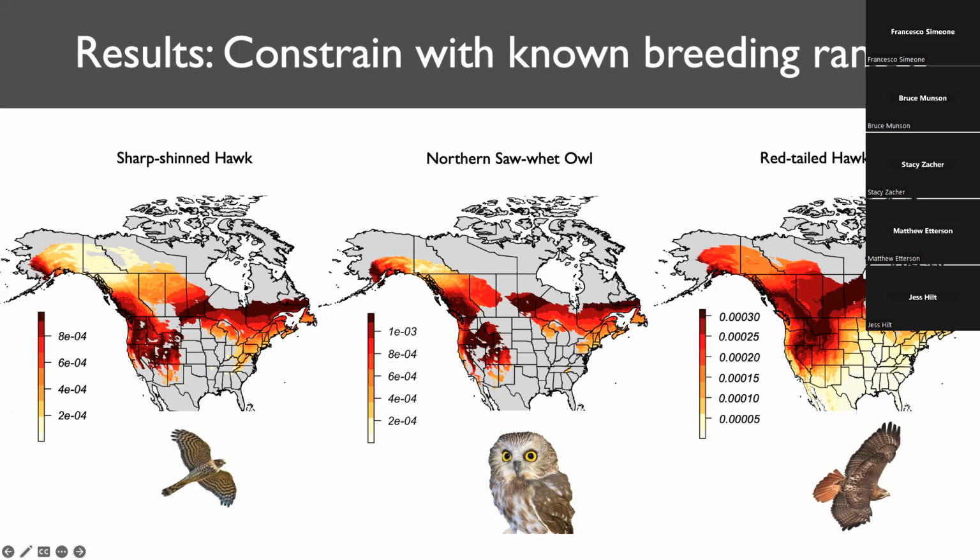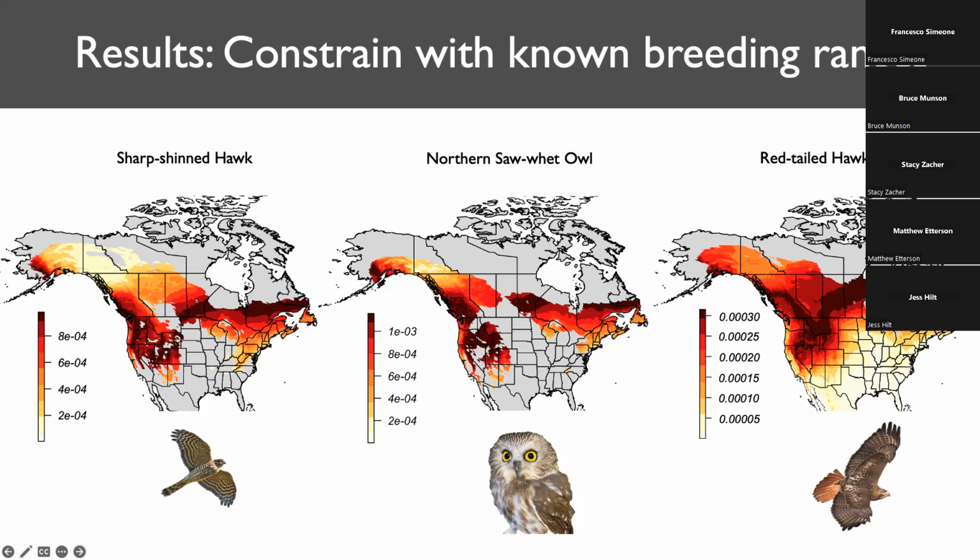For sharp-shinned hawks, this created a probability density that showed the highest probability regions for an individual in northern Minnesota, up into Ontario, Manitoba, and Saskatchewan, with a decreasing density the further that you go north.